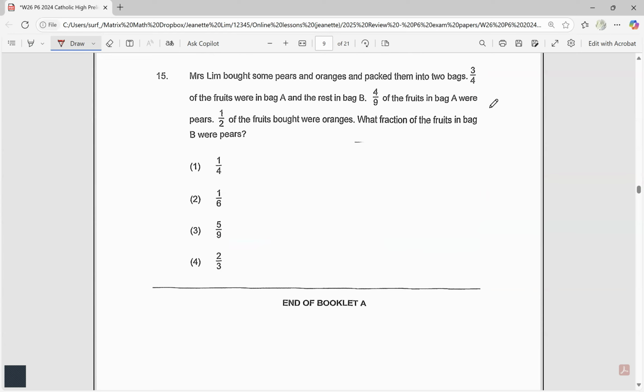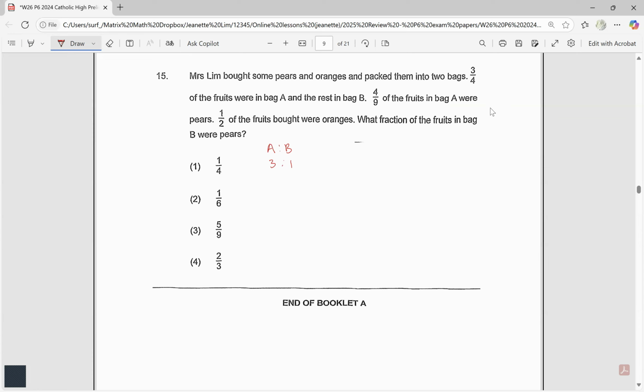Okay, I'm just going to write down all the ratios that I have. So firstly, 3/4 of the fruits were in A and the rest in B. So A to B first. A is 3/4, so B is 1/4. Then 4/9 of the fruits in bag A were pears.